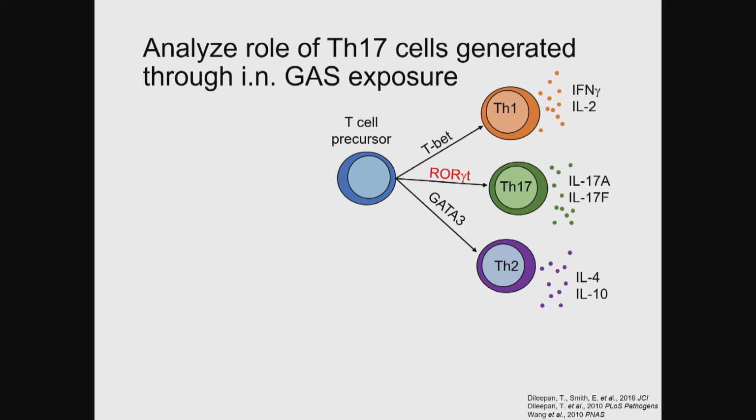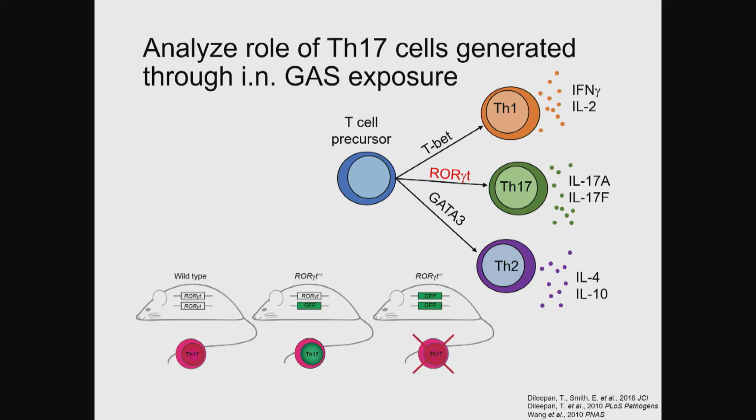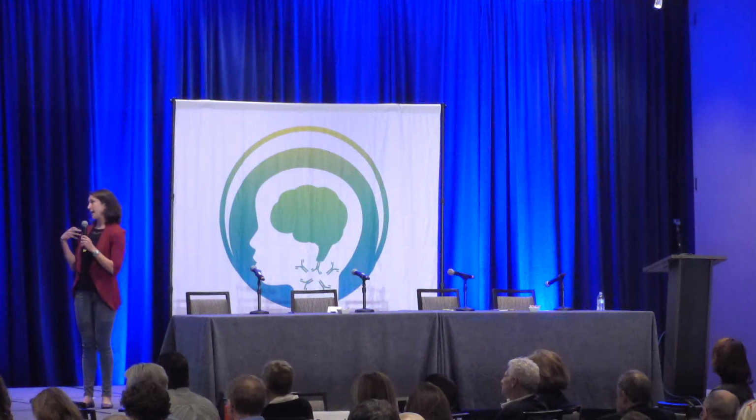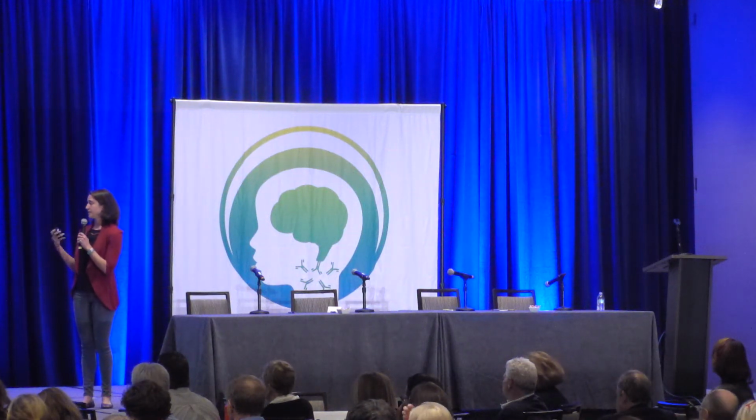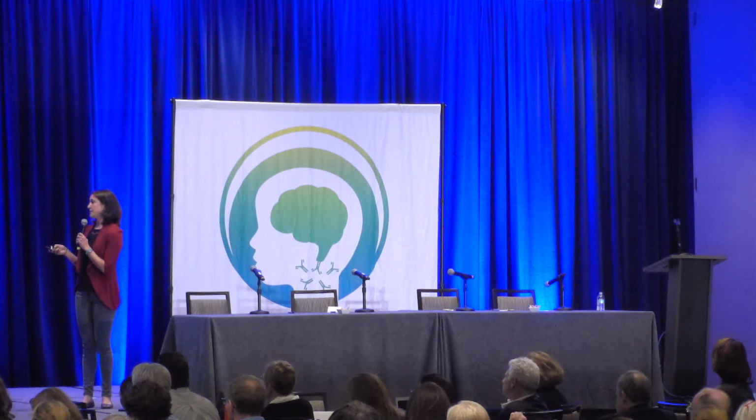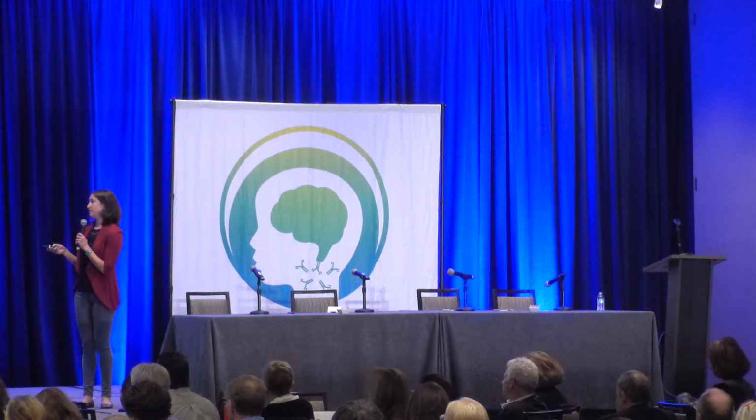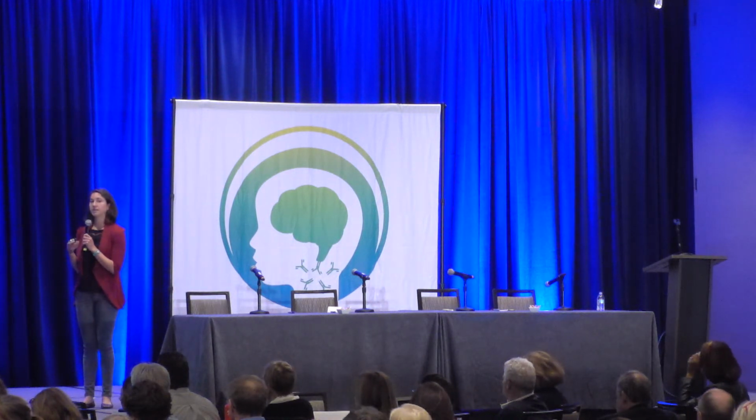It's an orphan protein, but what a clever lab has done is create a mouse line where we can manipulate the expression of ROR gamma T and either visualize Th17 cells and where they are in the brain, in my case, or we can eliminate ROR gamma T and completely eliminate the presence of Th17 in the body.